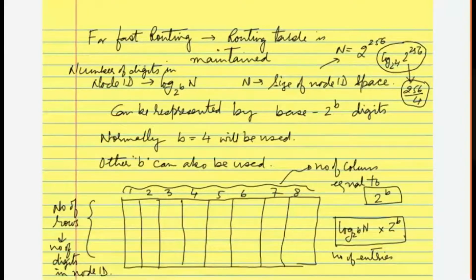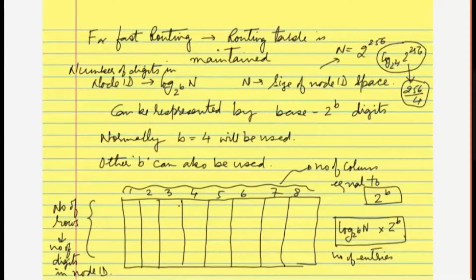Okay. Now the number of rows in the routing table, we have to understand this. The number of rows will be equal to the number of digits in the node ID. If b equal to 4 is chosen, I'm using a 4-bit hexadecimal digit for representing the node IDs.